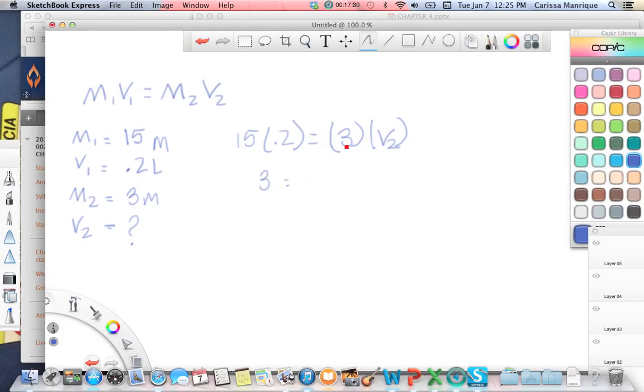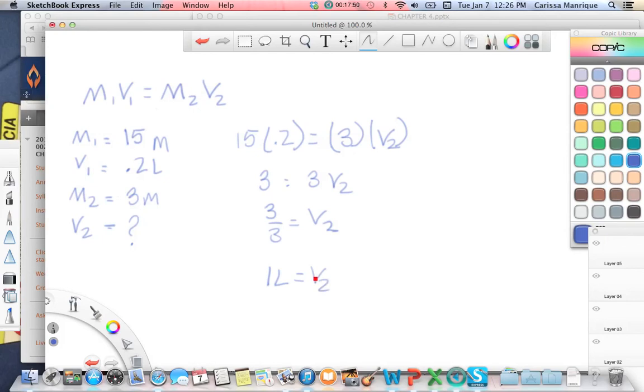Okay, and then we have 3 V2. So now it's multiplied here, so we're going to divide it when we bring it over. So 3 over 3 equals volume 2. So that'd be 1 liter is volume 2.